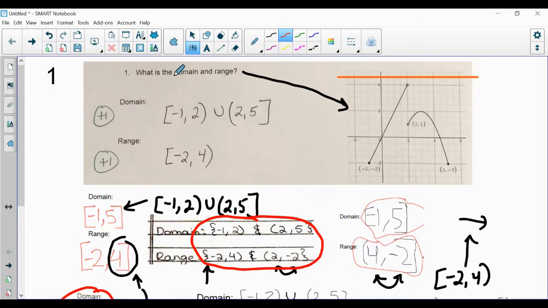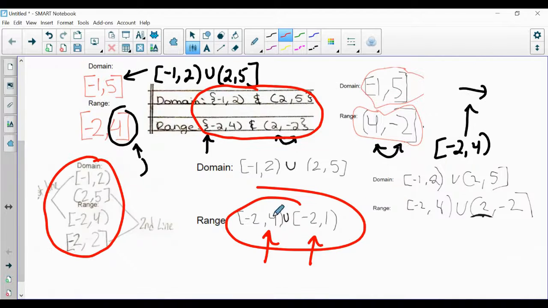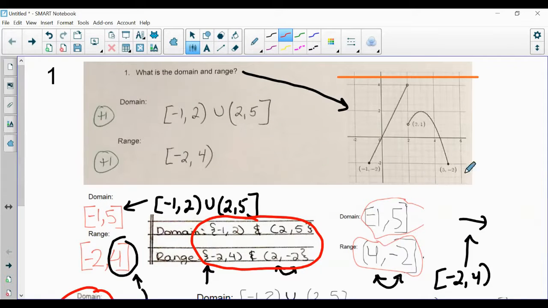So when it's asking what is the domain and range, it's referring to one function. Even if you have multiple parts, the parts are not for separate things. If we were asking for the domain and range of separate functions, we would have specified that. So a lot of us are treating it like this is the domain of the first line and this is the range of the first line, when really this is one entire function.